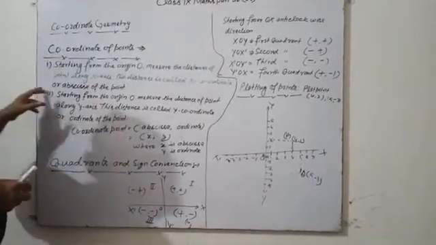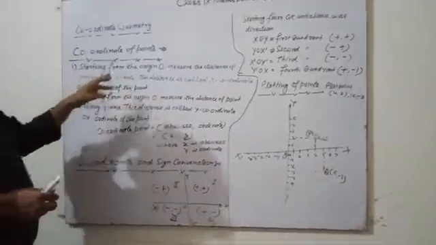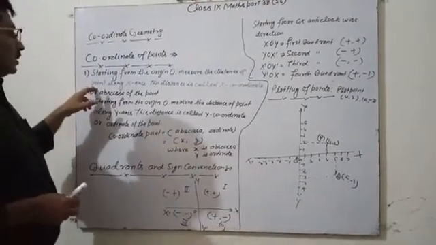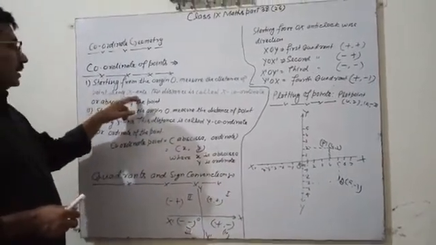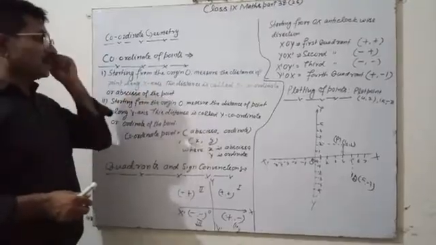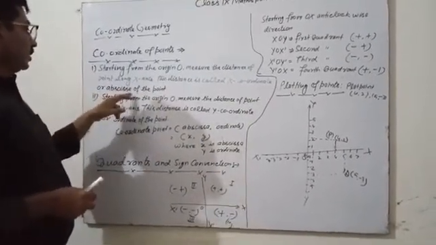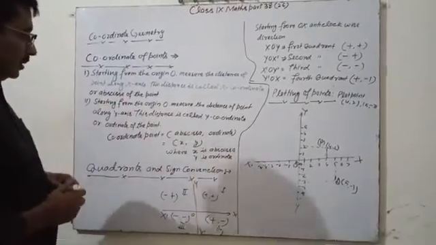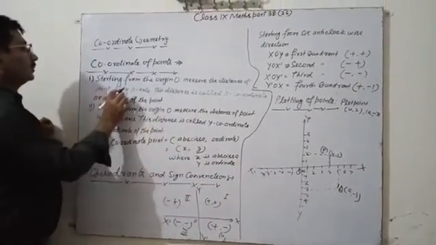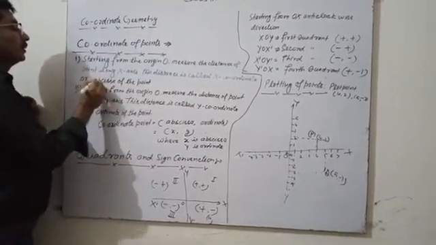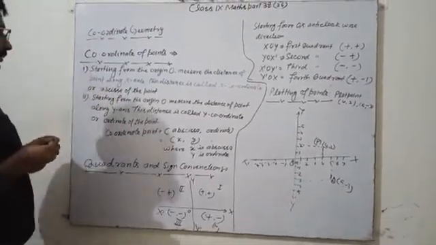Coordinates of points. Starting from the origin, measure the distance of the point along the x axis. This distance is called the x coordinate or abscissa of the point.